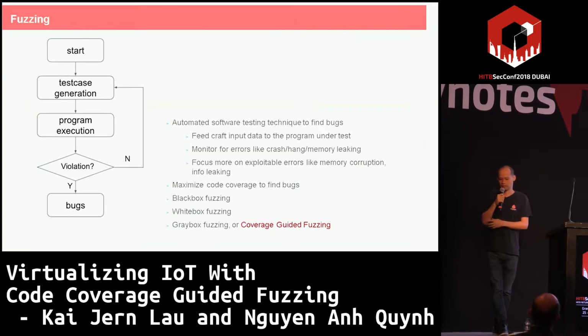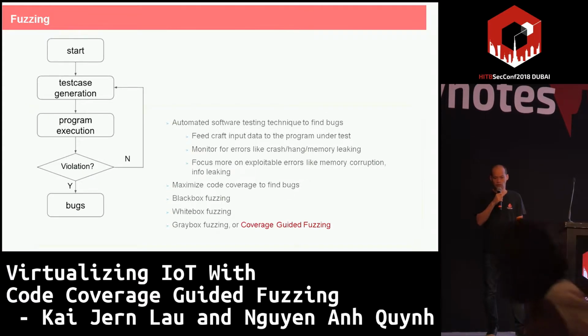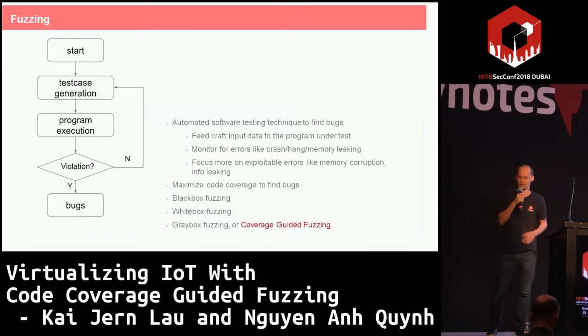On the other side, you have the white box fuzzer, which is very smart because it knows very well how the program works. So in theory, it can generate very good input for the fuzzer. Unfortunately, the white box fuzzer is very nice in theory, but in fact, because it uses too complicated techniques to analyze the program, it is too slow to run, and it's not very effective.